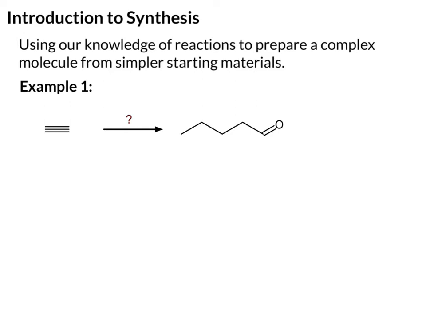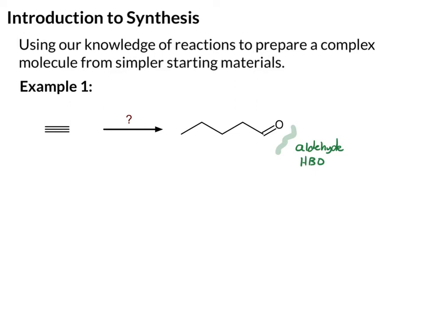So by knowing reactions, the way I would tackle this problem is to look at it and say, well, the product here is an aldehyde. And one of the key ways we can get to an aldehyde is through a hydroboration oxidation. The other thing I look at is the fact that we've added carbons.